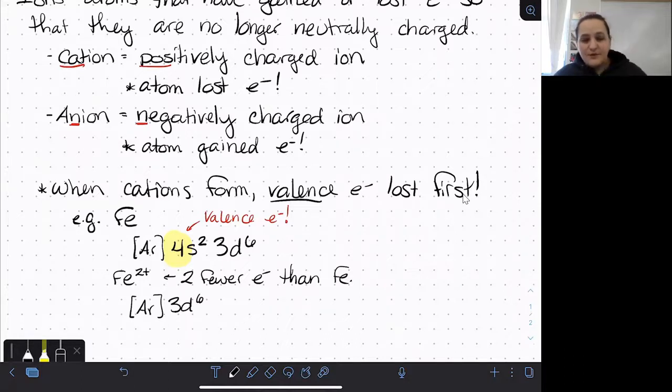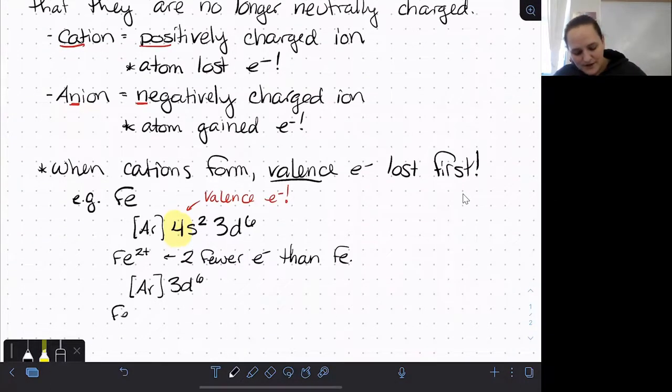If you need to remove additional electrons, now you move down to the next shell. So if we wanted to write the configuration for iron 3+, we would now need to remove 1 more electron. Now the 3d subshell is the highest thing available.